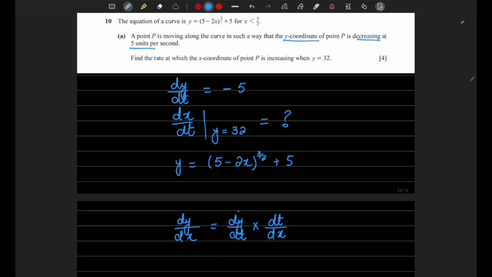This is what we need to find, and this is given. We need to find dx over dt, so we'll just do the reciprocal of it later on. Right now we'll just find dt over dx, and we have dy over dt given to us to be minus 5, and we have to find dy by dx also. So let's do that.